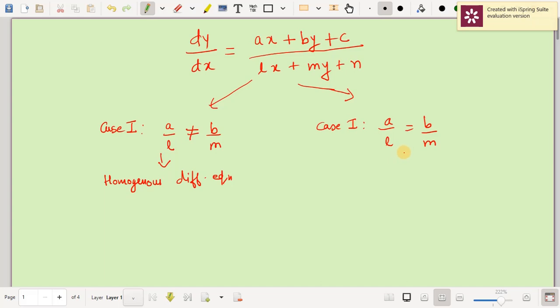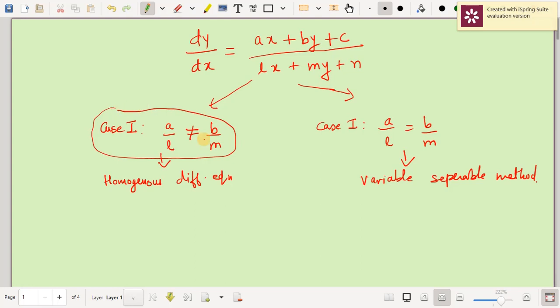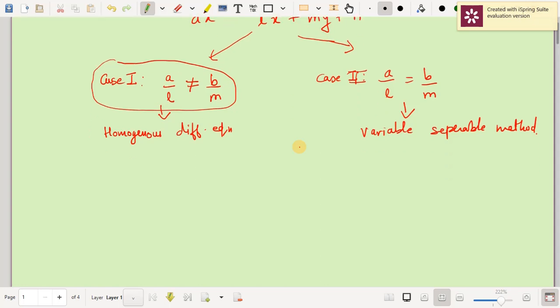In the other case, with a certain substitution, we can convert this to a variable separable form and solve it. So in this video, we will discuss case 1, and in the following videos, we will discuss case 2.